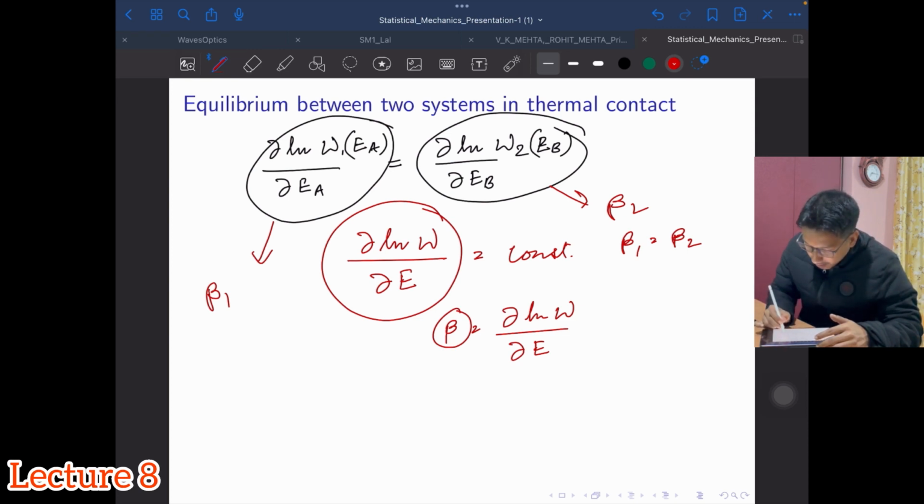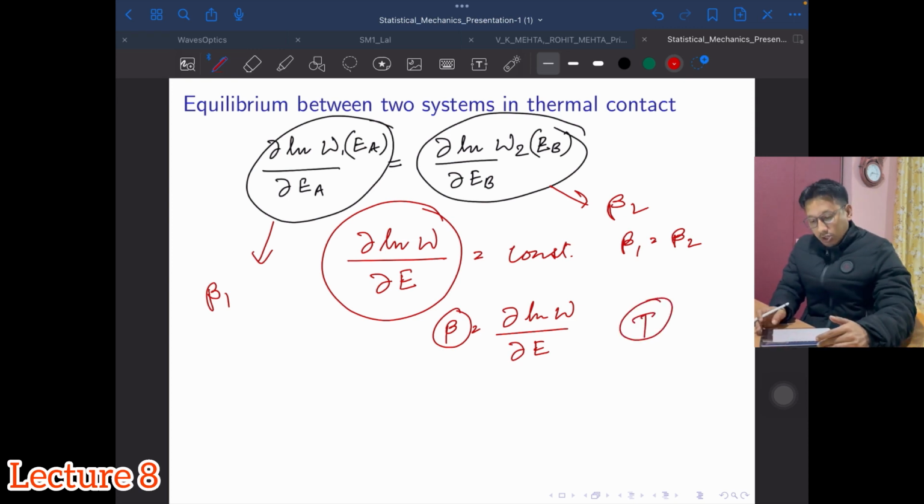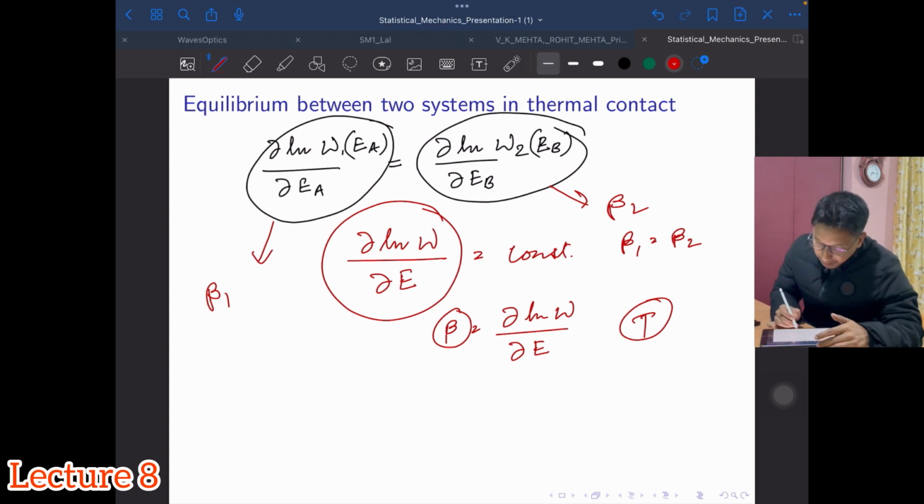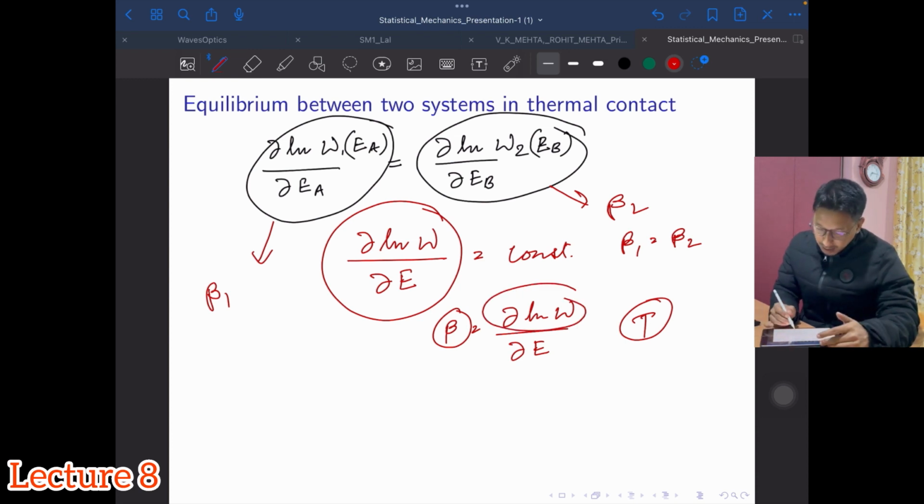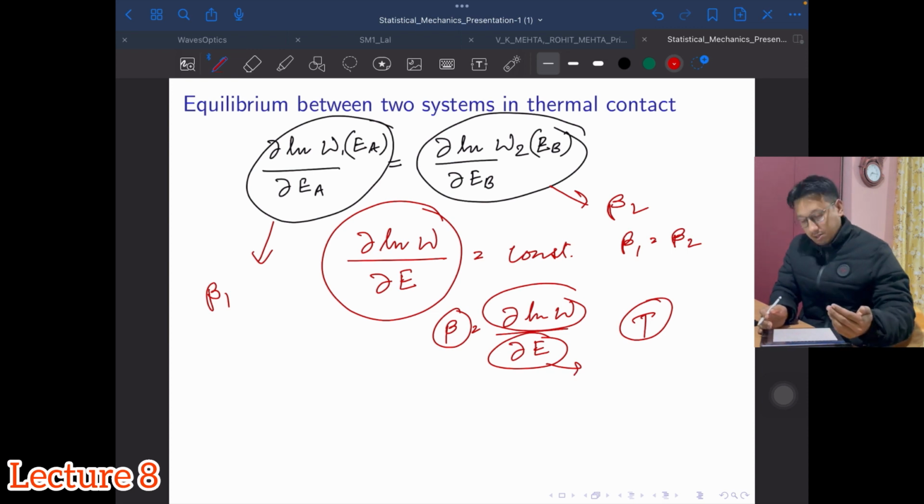If you see here, W is a number, so its dimensionality is nothing, and on the other side it is energy. So beta has the dimension of inverse energy.